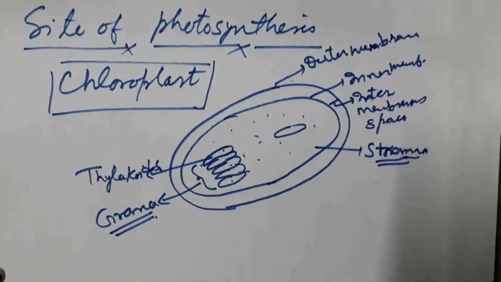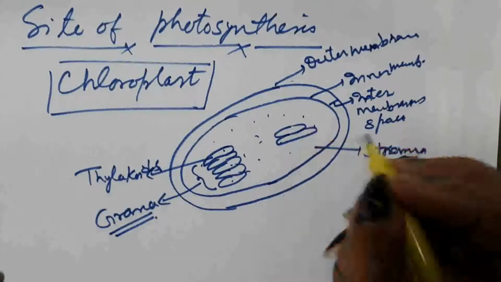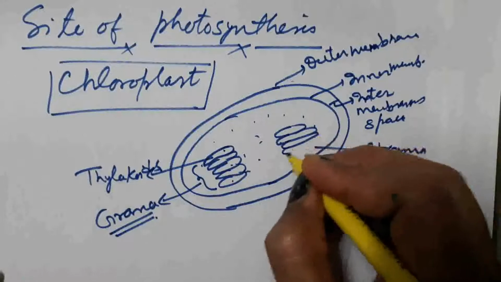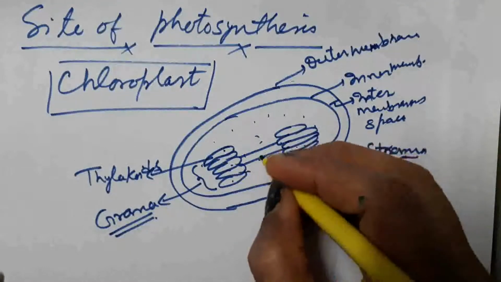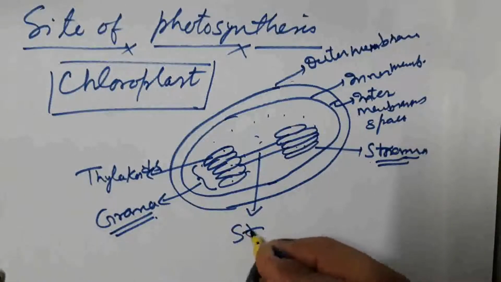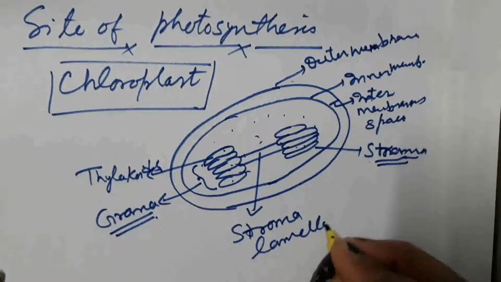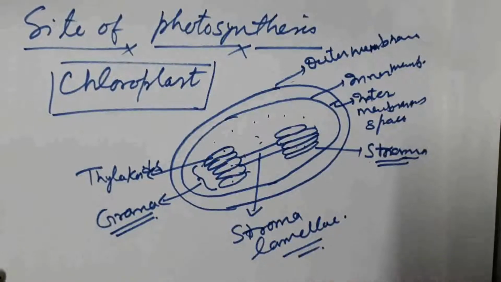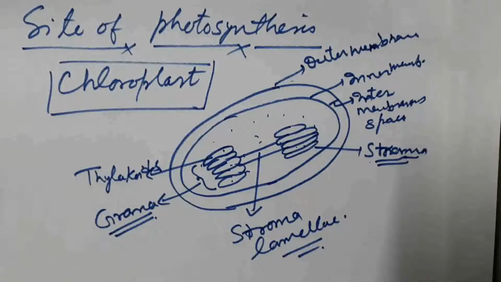Inside the grana also photosynthesis takes place. Lots of grana are present in the stroma region, and these grana are interconnected with the help of the stroma lamellae. So this is the structure of chloroplast, which is the site of photosynthesis.